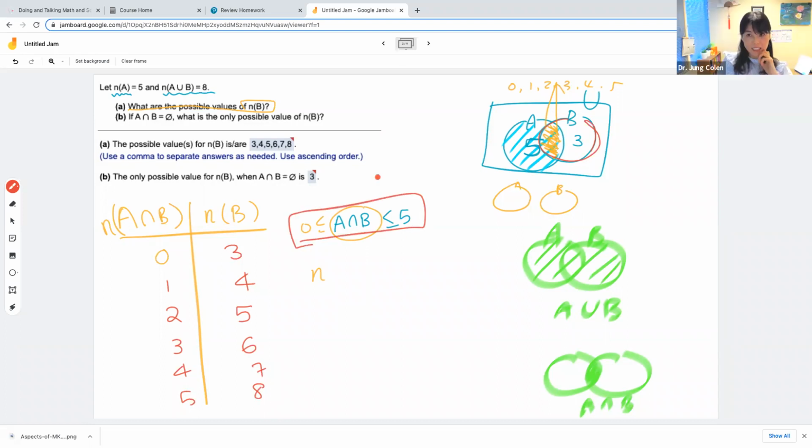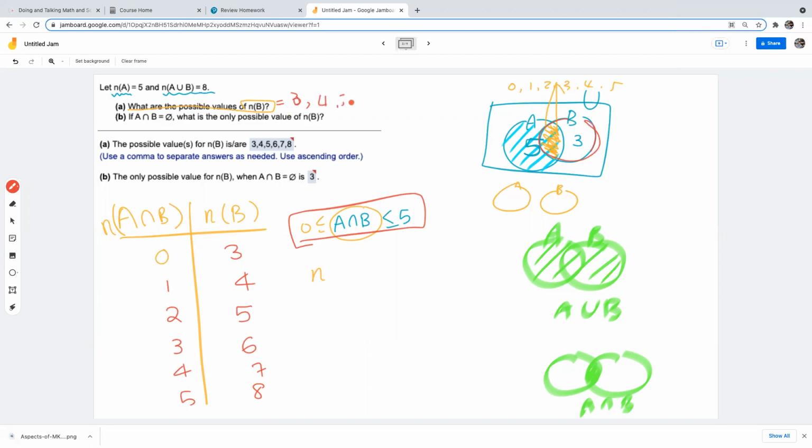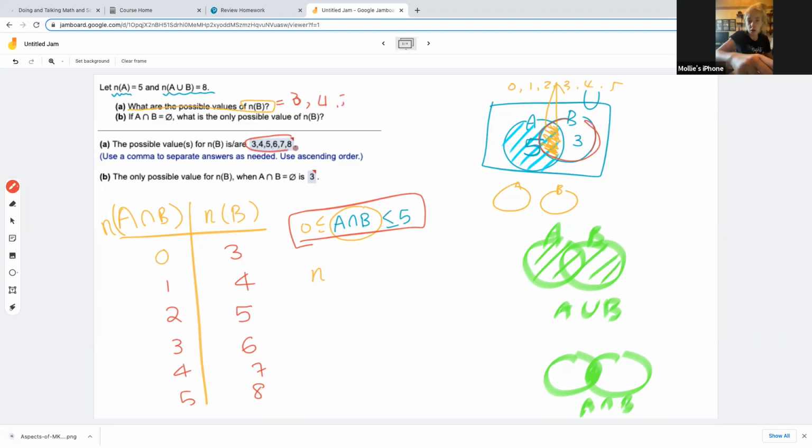Does it make sense? That's why the possible values of NB, number of elements in B, are 3, 4, 5, 6, 7, 8. I have the numbers here. Does it make sense, Tess? Yeah, much better. Okay, Molly.